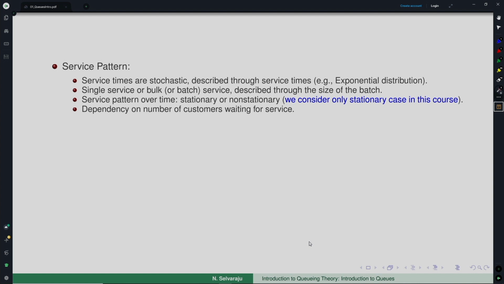So, the service times are in general stochastic, and again they are described through service time distributions. The simplest one is assuming an exponential distribution, for example. So, service time is the duration of the service that your customer is getting from the server.